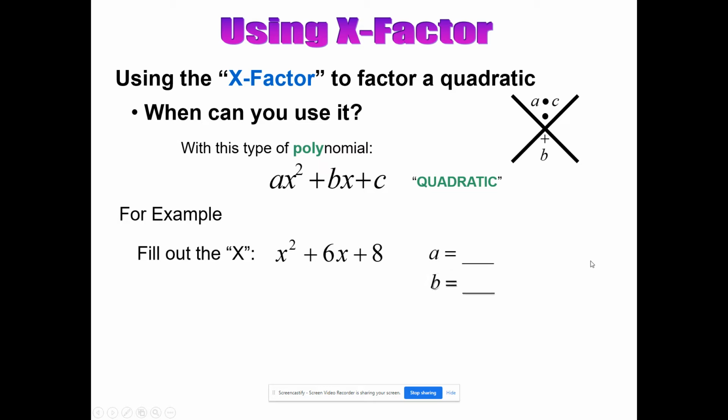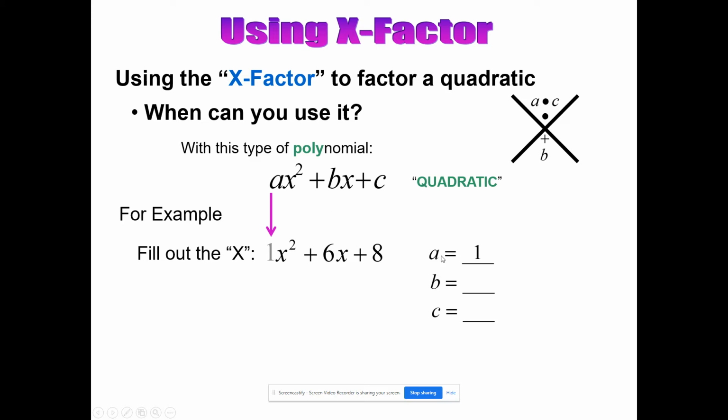So first, let's identify the a, b, and c values. If you look at it, a is next to x squared, b is next to x, and c is the last number, or the constant. Remember, a constant doesn't have a variable. So the number in front of x squared, we know there's a hidden 1 there.